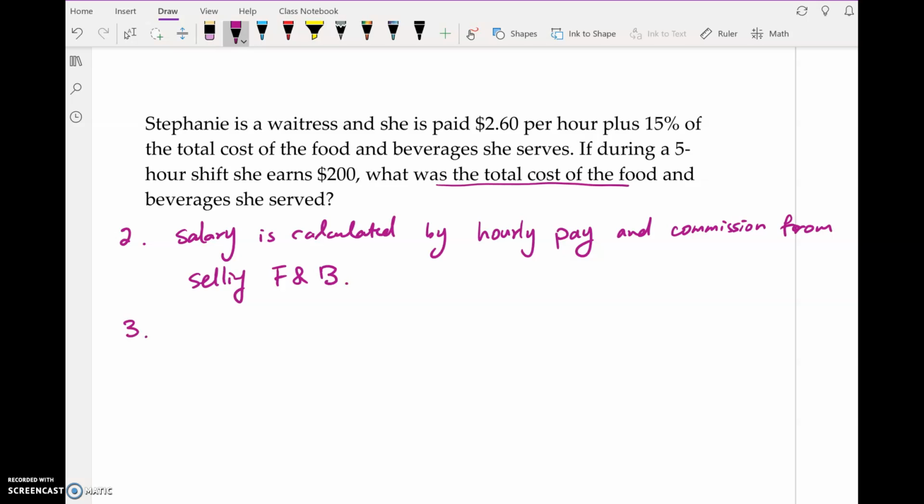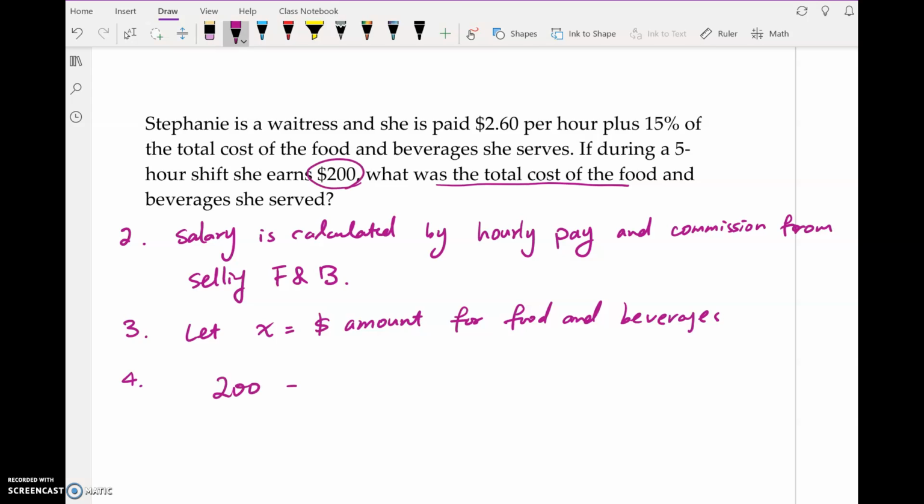And we want to know what is the total cost for the food and beverage. So we know she earned $200 on a 5-hour shift. And then we need to find the commission. And we know the commission is 15% of the total cost for the total bill for the food and beverage.